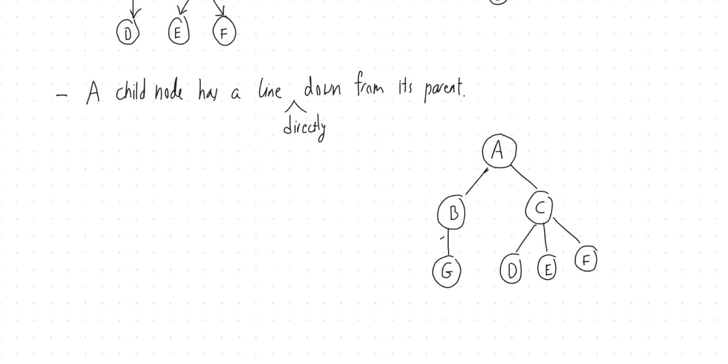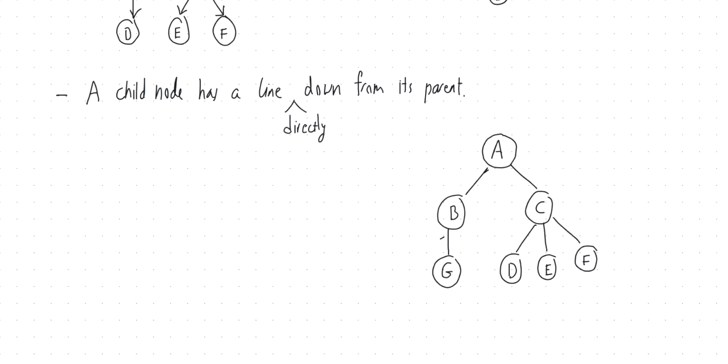So if you think of this as a family tree, then it's very intuitive. The only difference is that in our trees, every node, except the root, because the root doesn't have a parent, but every other node, if you think about it, has exactly one parent. So C has A as its only parent, B has A, and so on. So that's the child and parent nodes.